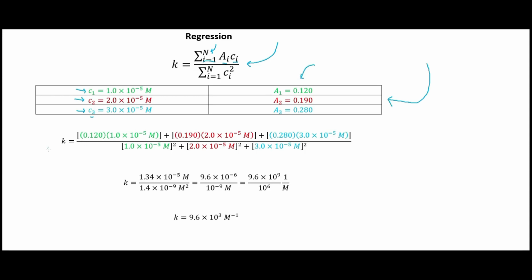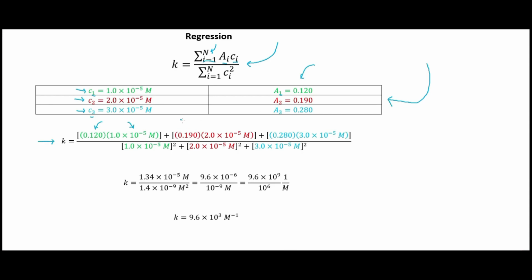And so when we calculate the K, so this is the lowercase k in Beer's law, in the numerator up here, we're adding together the product of the absorbance times the concentration there for I equals 1. So that's why I have that in green there to sort of correspond to the 1.